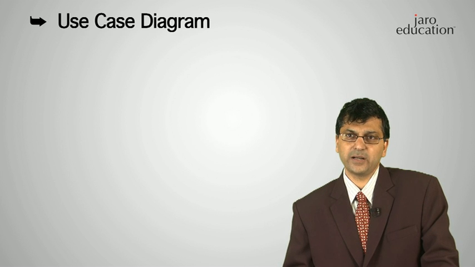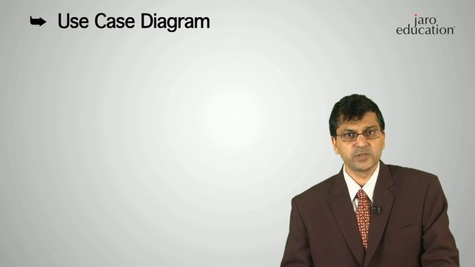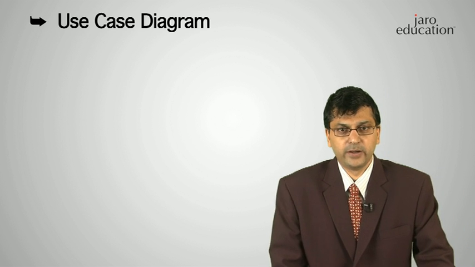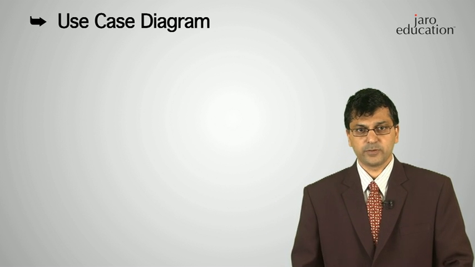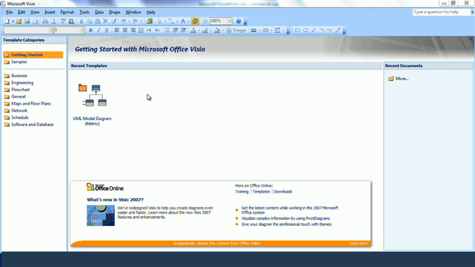So let's take a look at how to create use case diagrams in Visio, and so we'll switch to the demonstration. This is Visio, the screen for Visio 2007, Microsoft Visio 2007, and we will begin with creating some UML diagrams. First of all, use case diagram.